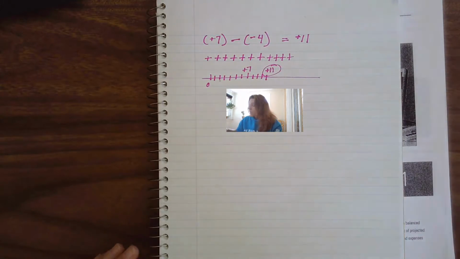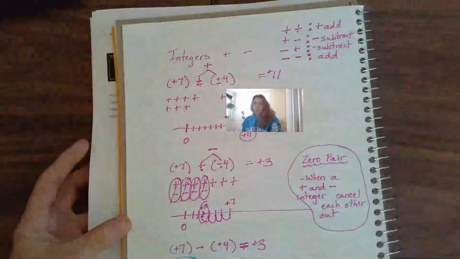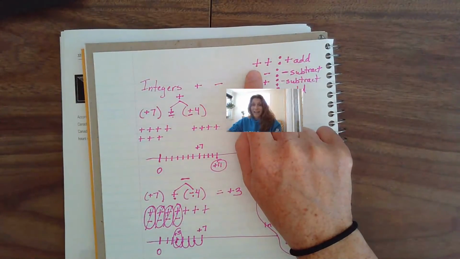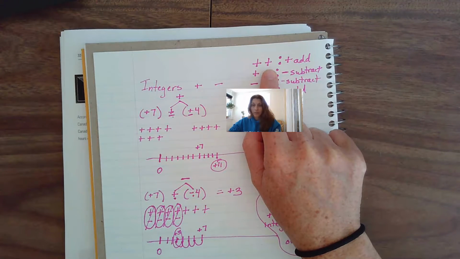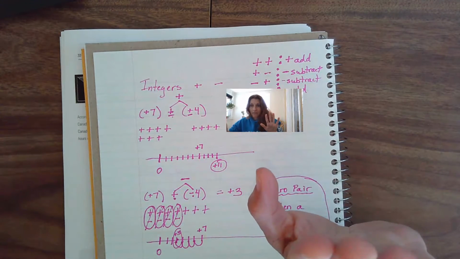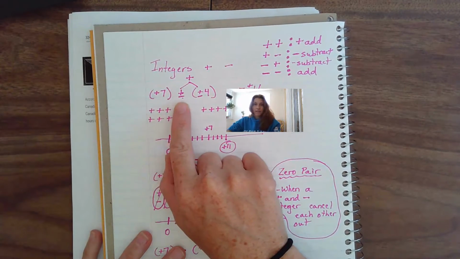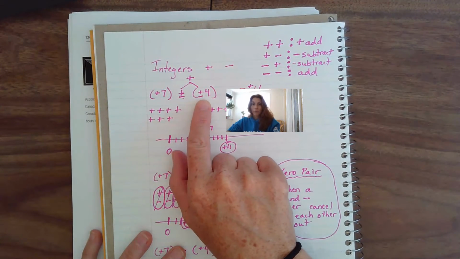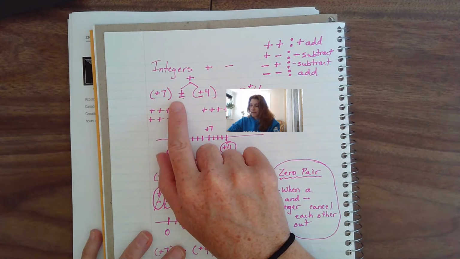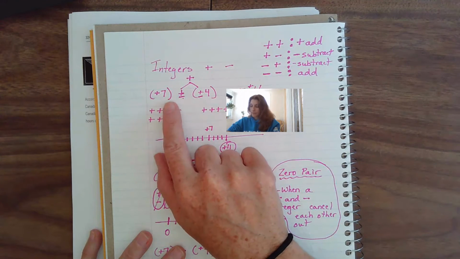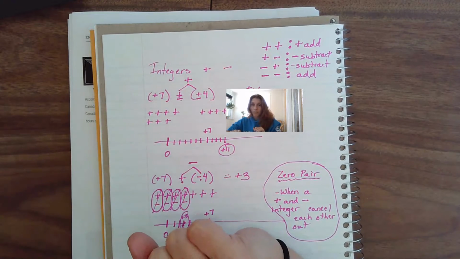So, in our previous video, we went over the rules. If you are adding a positive number, you're just going to add. Just add. Okay, so we did 7 plus 4. Positive 7 plus positive 4 becomes 7 plus 4.